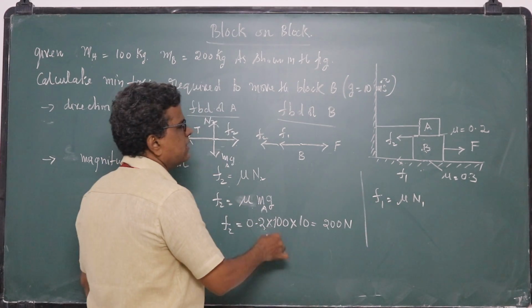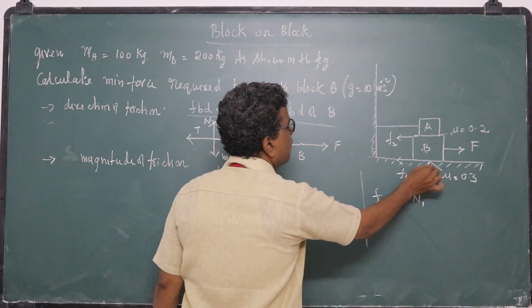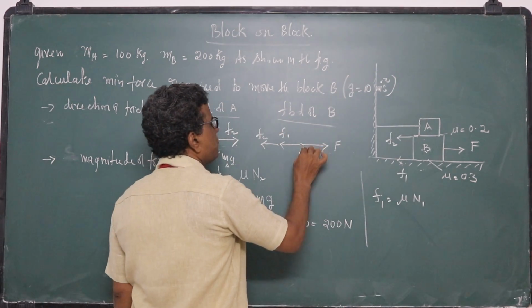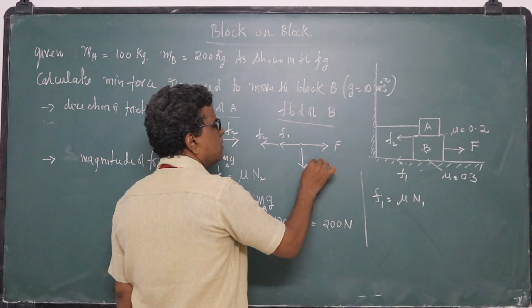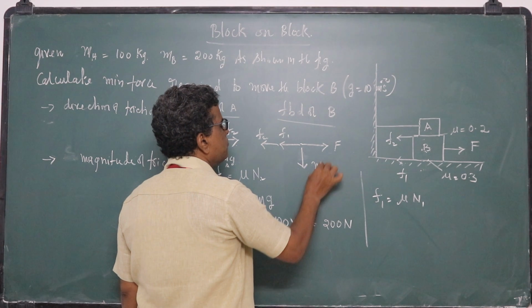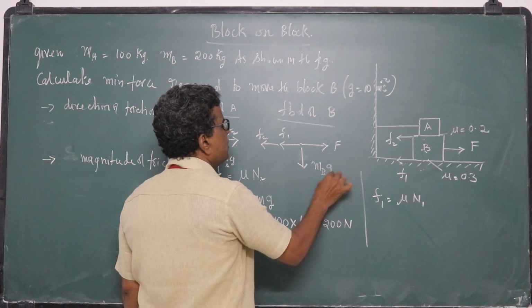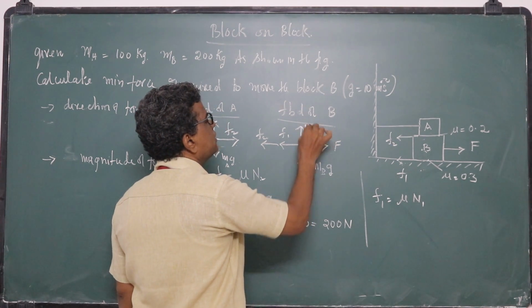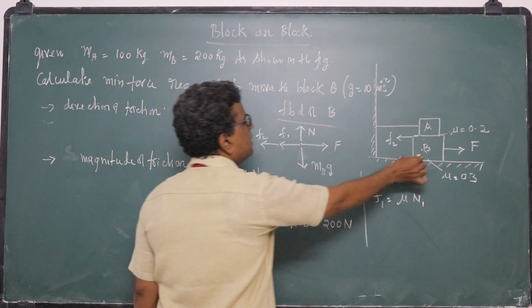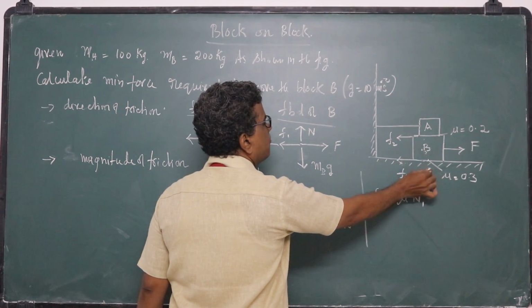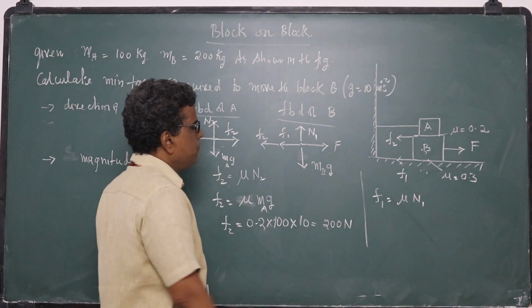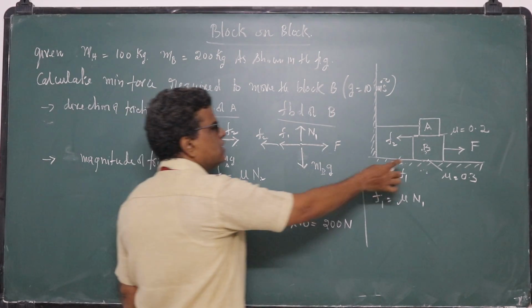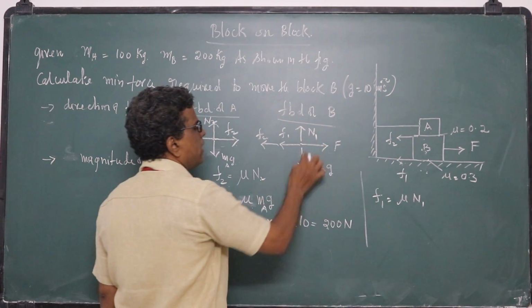The force exerted by the ground on block B. B exerts a force in turn, its weight, mass of B into G, downward, and the normal reaction acting on B by the ground is N1. Let it be. So the frictional force between these two is mu N1.